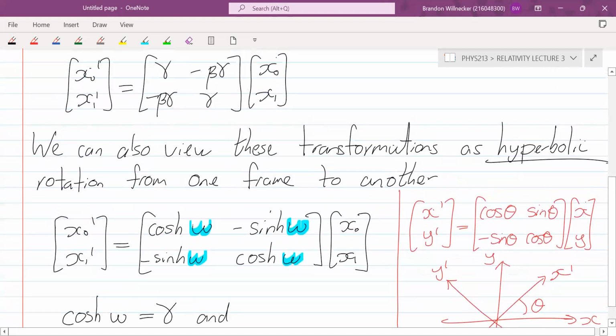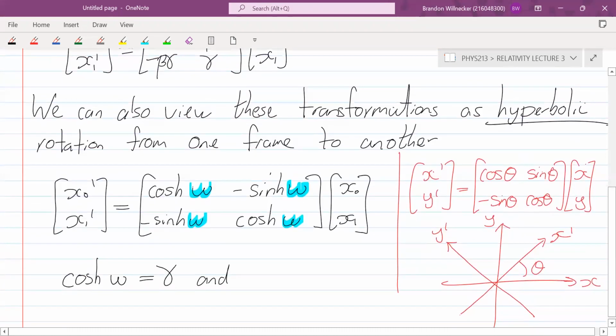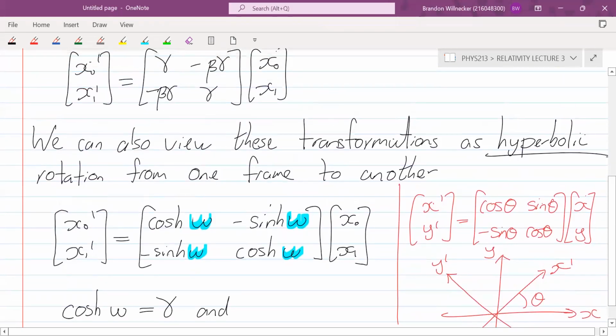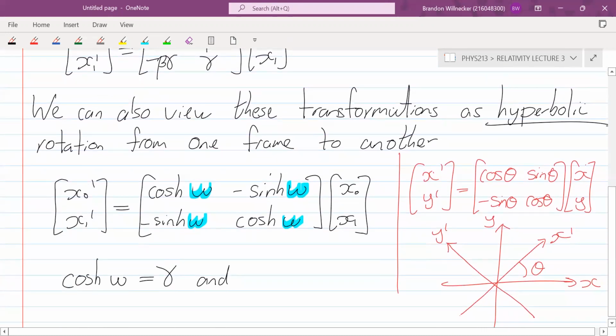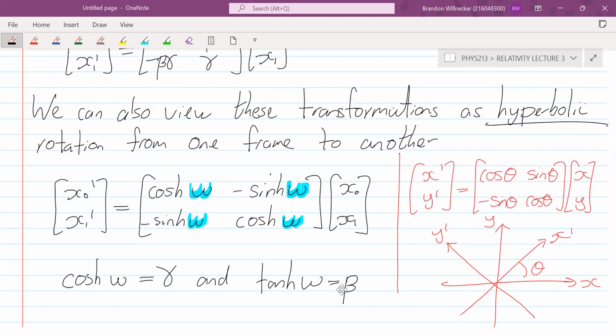And if we look at the hyperbolic sine term, we see this is related to minus beta gamma, but we know that gamma is cosh omega, so we can write that as hyperbolic tan omega is equal to beta. Just remember hyperbolic tan is hyperbolic sine over hyperbolic cosine.